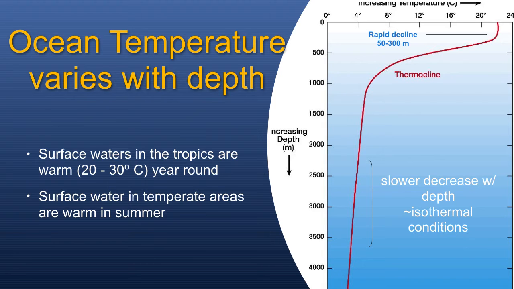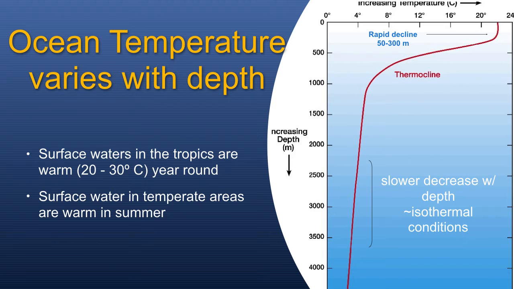So looking at this graph that I've got beside us, you can see on the x-axis across the top, we have increasing temperature from 0 to 24 degrees. On the y-axis along the side, we have increasing depth in meters.